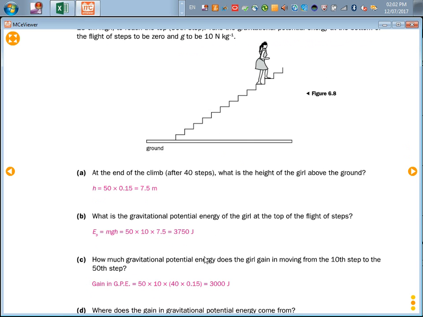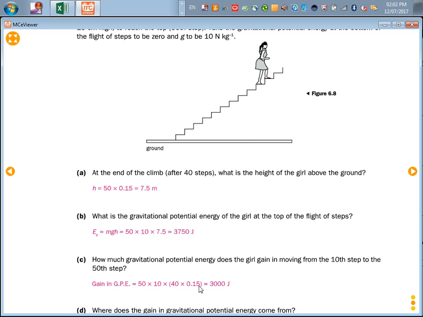So when she moved from the 10th step to the 50th step, she did work. This is shown by a change in gravitational potential energy, which is also given by mgh, the height of 40 steps.